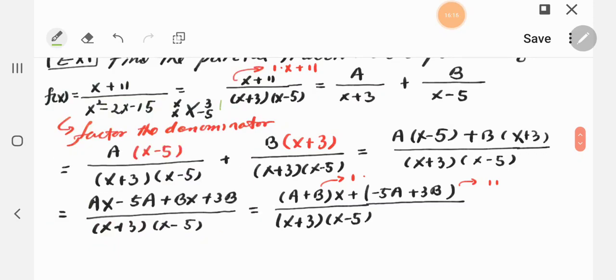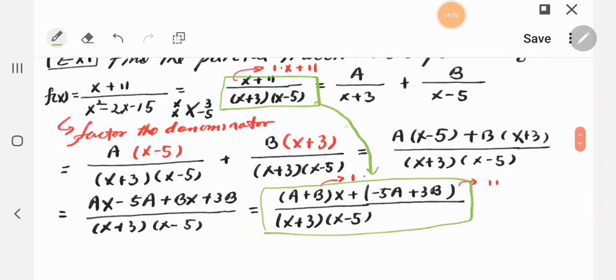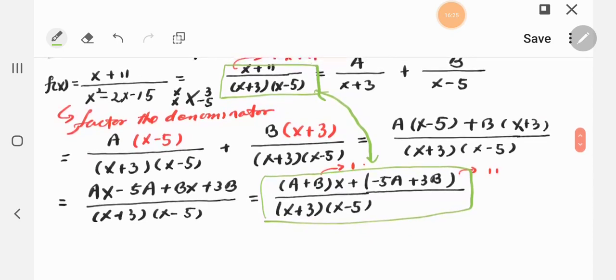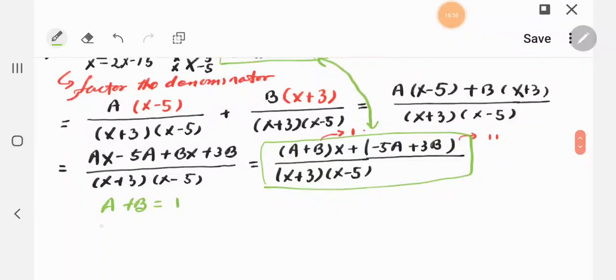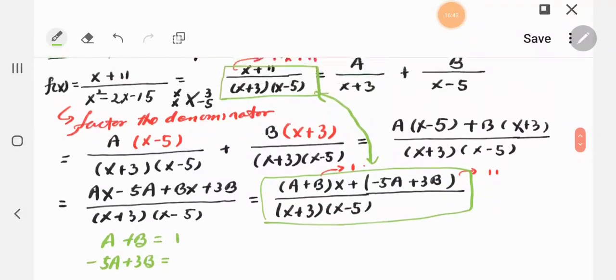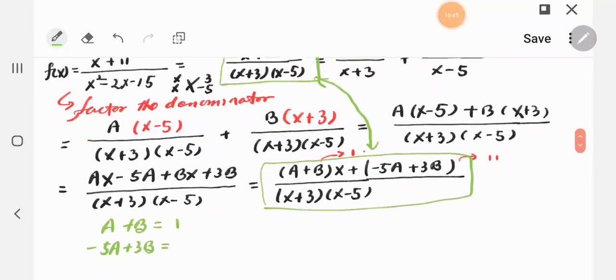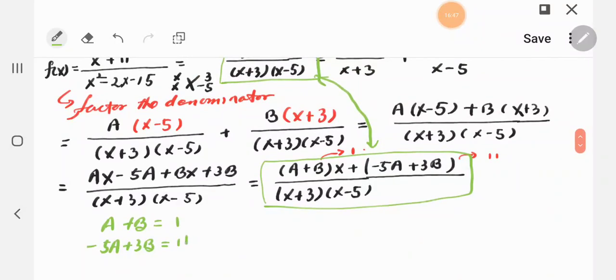Let me highlight these two, and then compare this with this. As we can see, a plus b should be equal to the coefficient of x, which is 1, and negative 5a plus 3b is the constant, and this constant should be equal to 11.